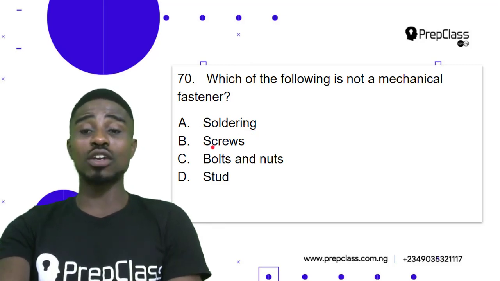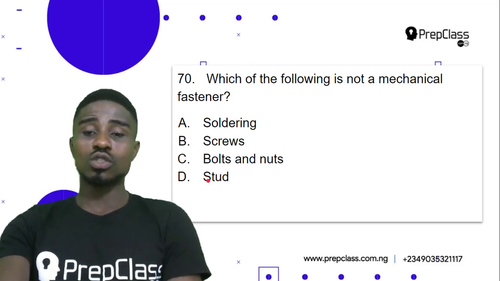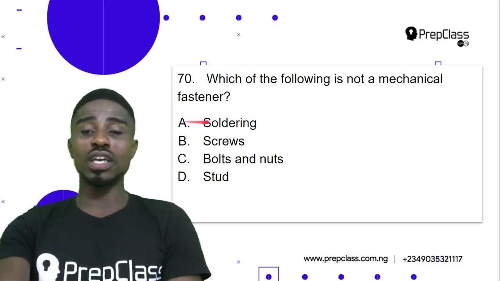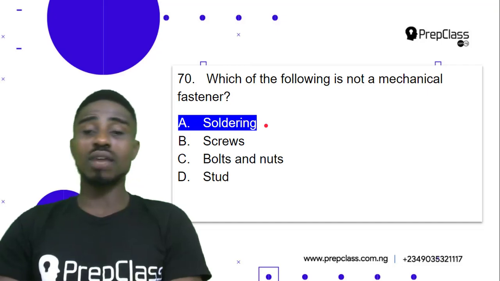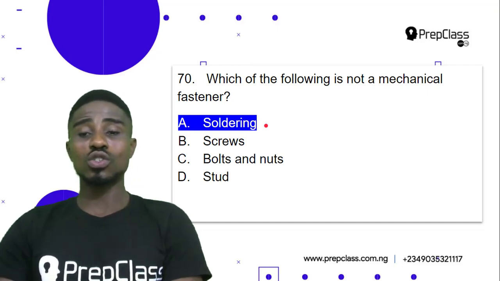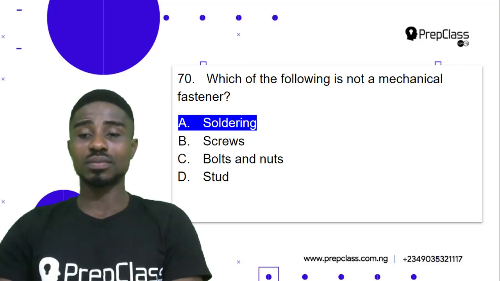Screws are mechanical fasteners used to hold mechanical devices together. Bolts and nuts are also mechanical fasteners used to hold mechanical devices together. Likewise, a stud is a mechanical fastener used to hold mechanical devices together. So our correct answer will be option A, soldering. Let's look at it. Question 70, option A, soldering is our correct answer.